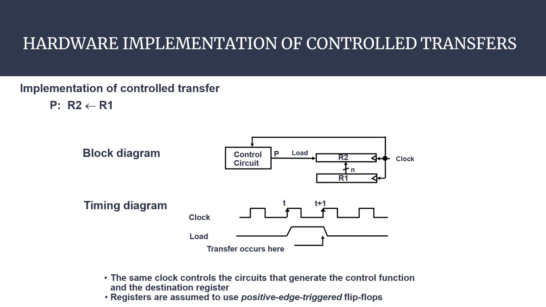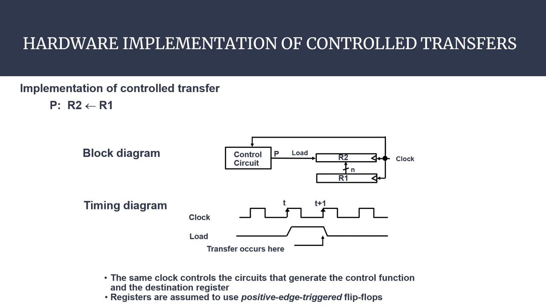So here I have also shown the timing diagram of the transfer. This is our clock pulse, which is of T frequency. So after every rising and falling edge, it completes one clock cycle.